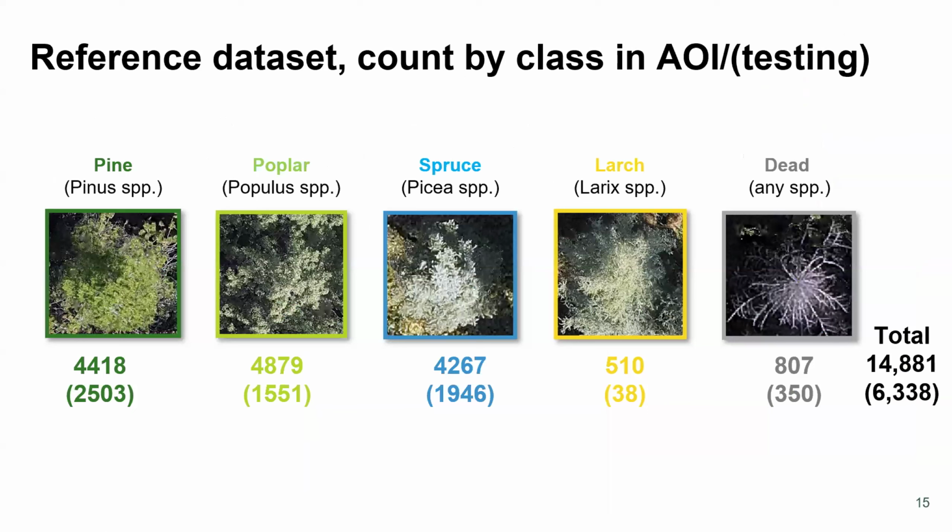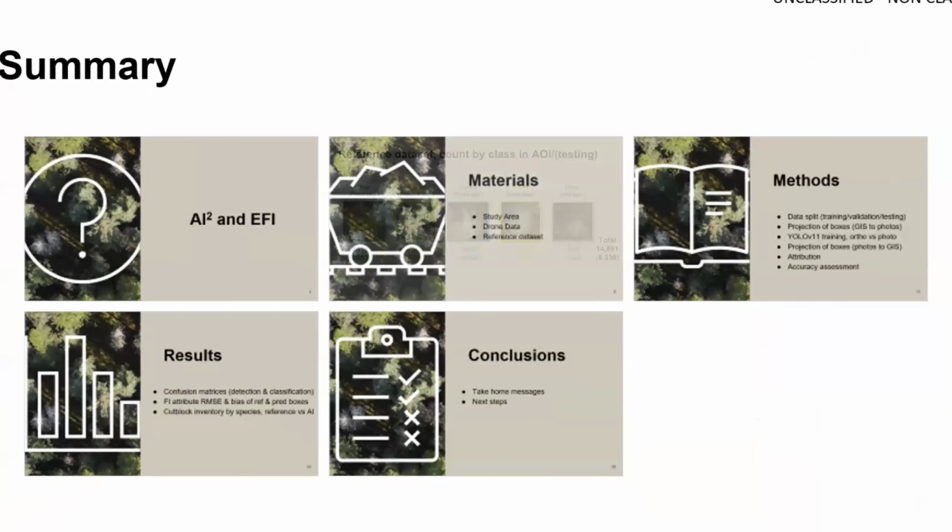So this is the result, and these are the count of instances from each class in this data set for the area of interest, and also in brackets for the eastern half of the AOI that we use for testing. That is, we don't do any training, and we just use that part to assess the accuracy. In addition, we also established some forest inventory plots, but I'll talk about them later.